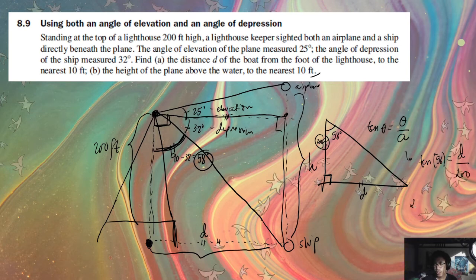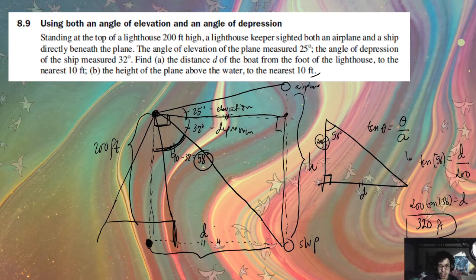This gives us 200 tangent 58 equals d. On the calculator, 200 times tangent of 58 gives us 320.07, or 320 feet to the nearest 10 feet.